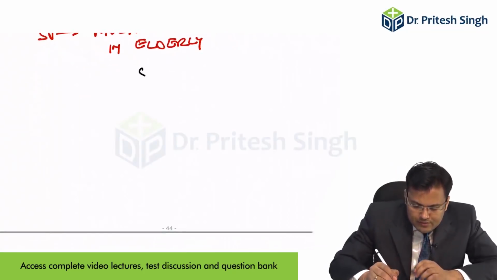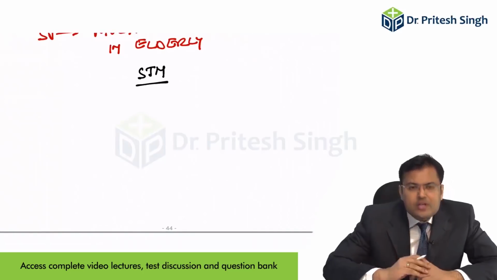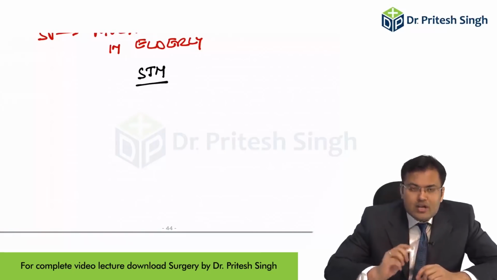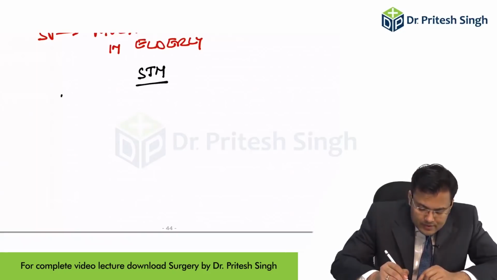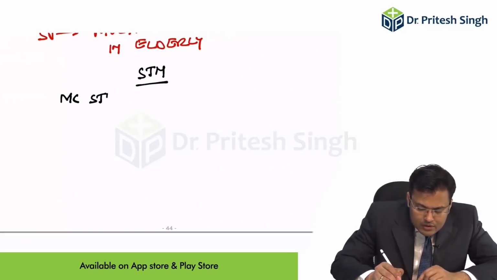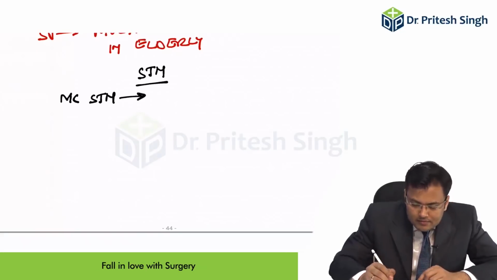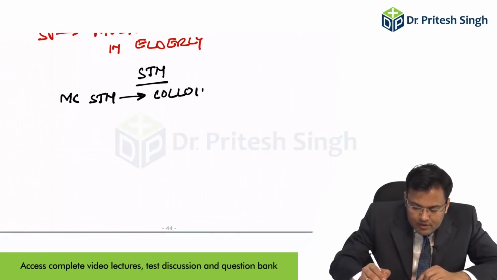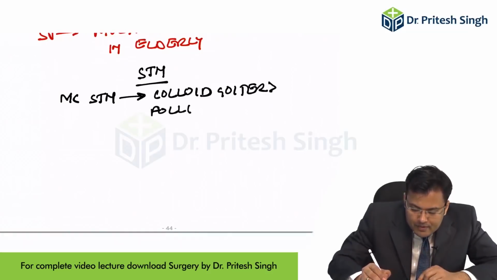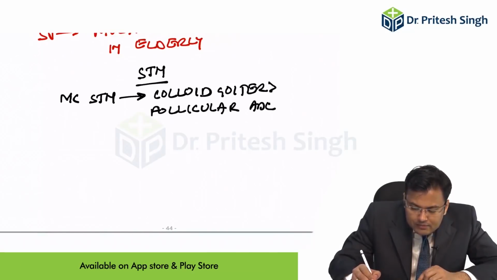So first question, what is the most common solitary thyroid nodule? The most common solitary thyroid nodule is colloid goiter, followed by follicular adenoma.